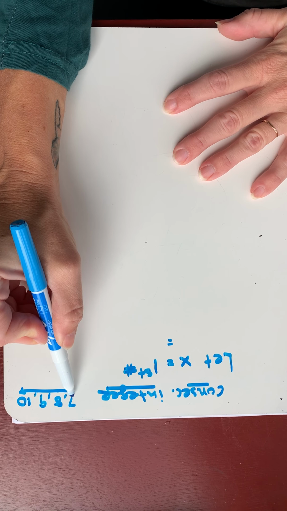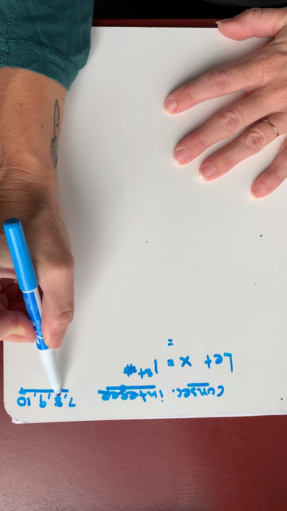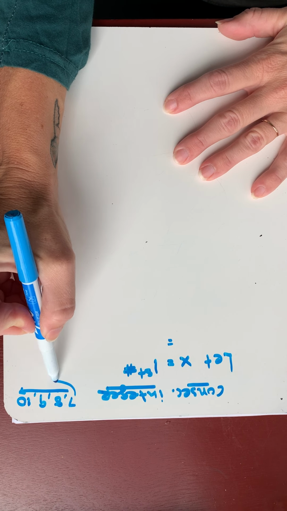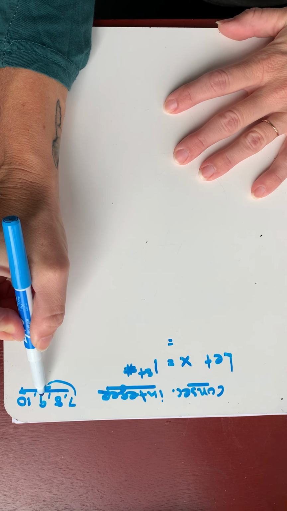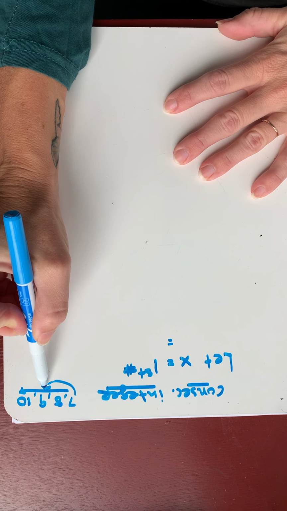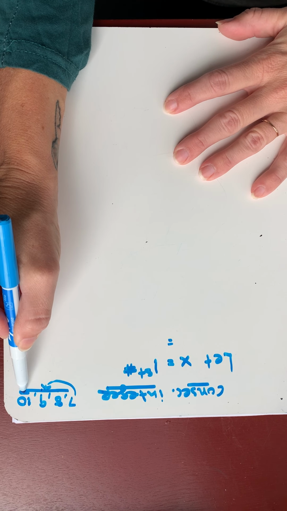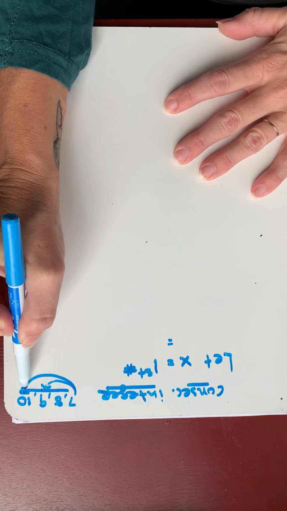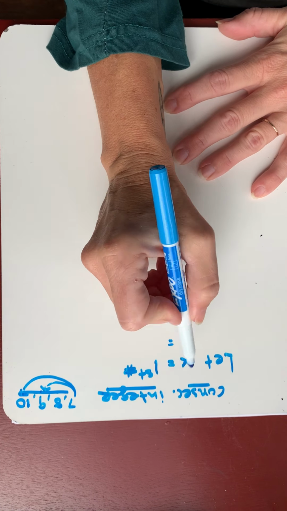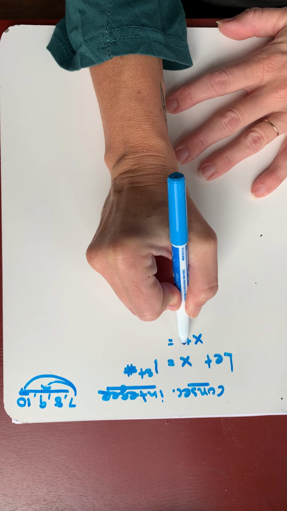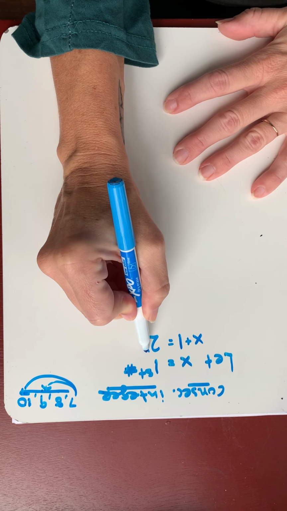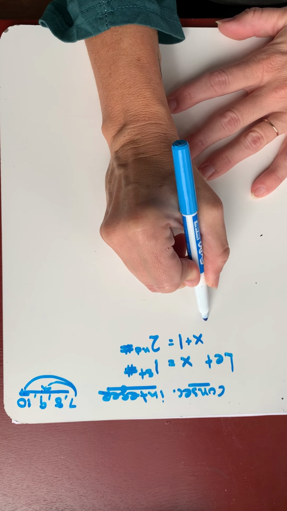So if I take 7 and I add on 1, I get 8. How much bigger is the number after that than this number? It's 2 more. Go to 10. How much bigger is 10 than the original number? 3 more. So to represent consecutive integers, x plus 1 is the expression I'm going to use to represent the second number.